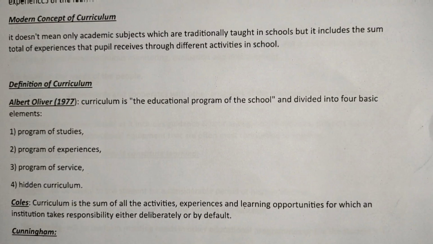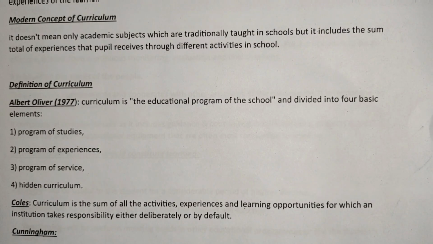Next comes Coles. Coles' definition was that curriculum is the sum of all the activities, experiences, and learning opportunities for which an institution takes responsibility either deliberately or by default. This was the second definition.